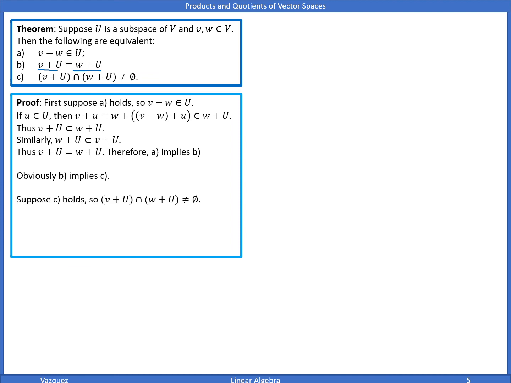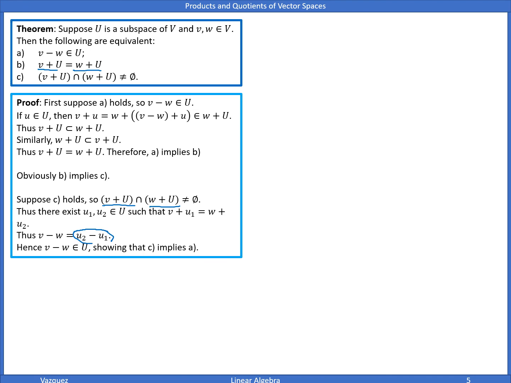But now, suppose C holds, and we're going to show that A holds. So suppose their intersection of v plus U and w plus U is non-empty. Well, then there exist u1 and u2 in U such that v plus u1 is equal to w plus u2. And therefore, just doing simple algebra, v minus w is equal to u2 minus u1. And again, U is a subspace, so addition is closed.